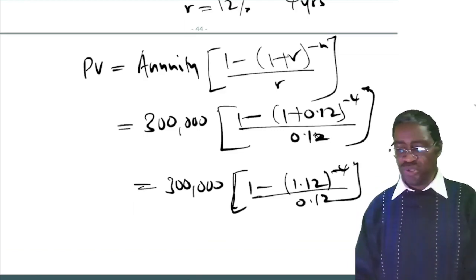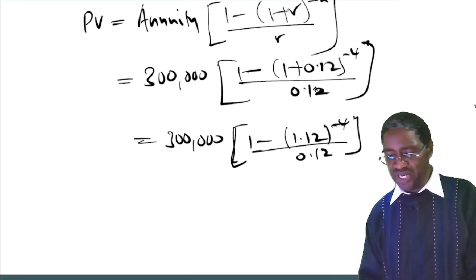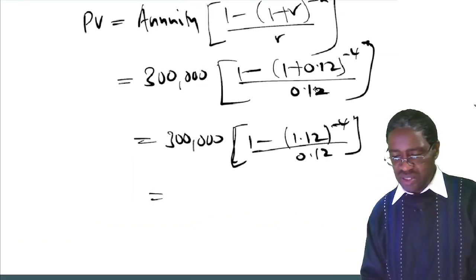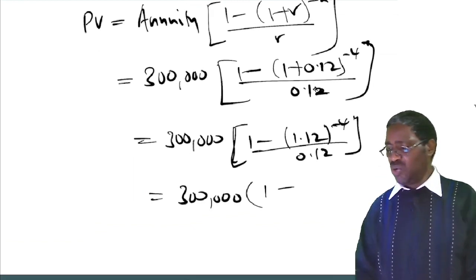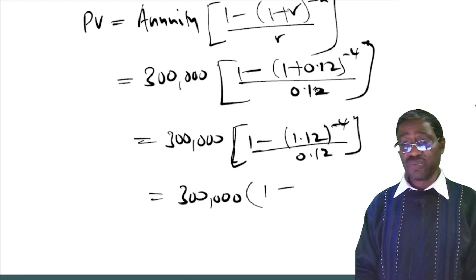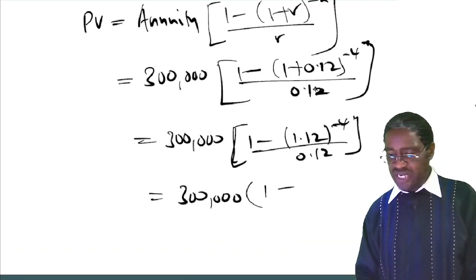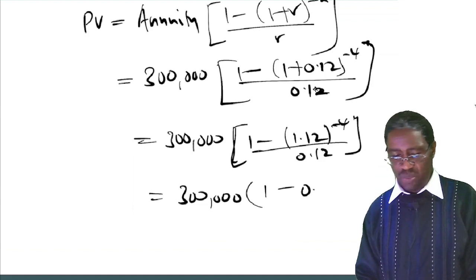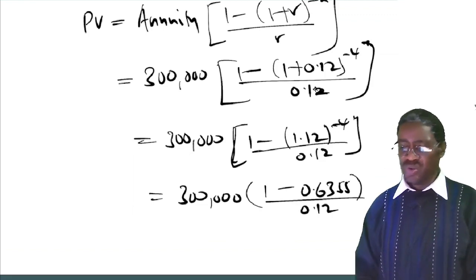Let me simplify that further, just to help you understand. What is 1.12 to the power of negative 4? If I take it to the nearest 4 decimal places, this will be 0.6355. Then I divide that by 0.12.